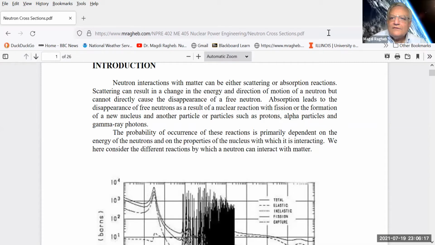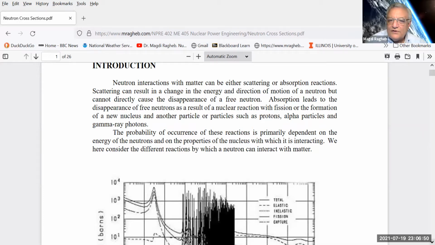Absorption can lead to the formation of different nuclei. So neutrons are the scalpel by which we can create or modify the nature of the nuclei. Remember, in nuclear reactions, we conserve mass, energy, nucleons, and charge. And in that case, we can create new species or transmute different nuclei from one chemical form to another by manipulating the isotopes.